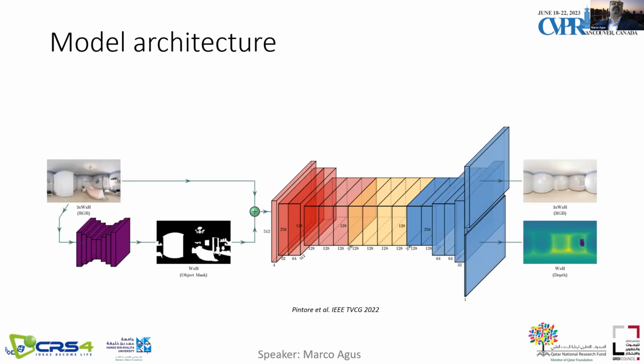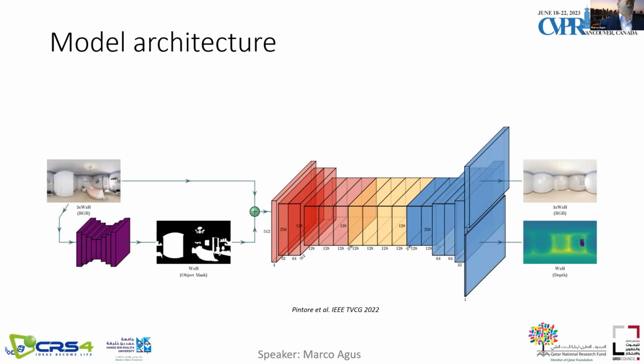And this is the model architecture of our solution, which is based on a very lightweight encoder-decoder network that is predicting and estimating the clutter inside the scene. Both the RGB image and the clutter mask go into a more complicated encoder-decoder network with two branches.